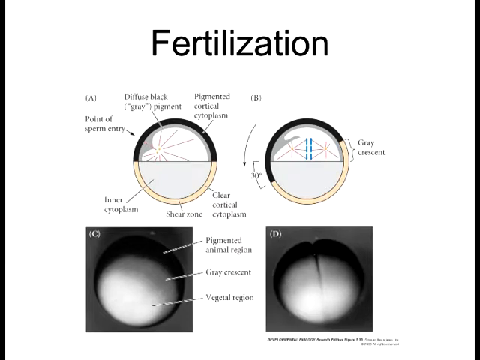In fact, after the sperm enters, you get what's called a cortical rotation, where this will then move about a 30-degree angle. Later on, we'll talk about the relevance of this, but I'll give you a prelude to it. In this top half, initially, there's an even distribution of genes and mRNA, such as disheveled.